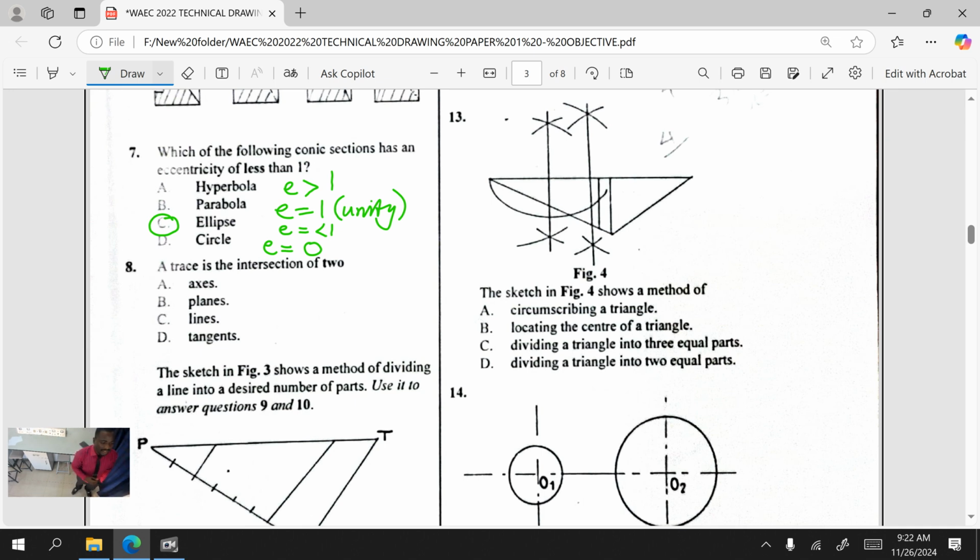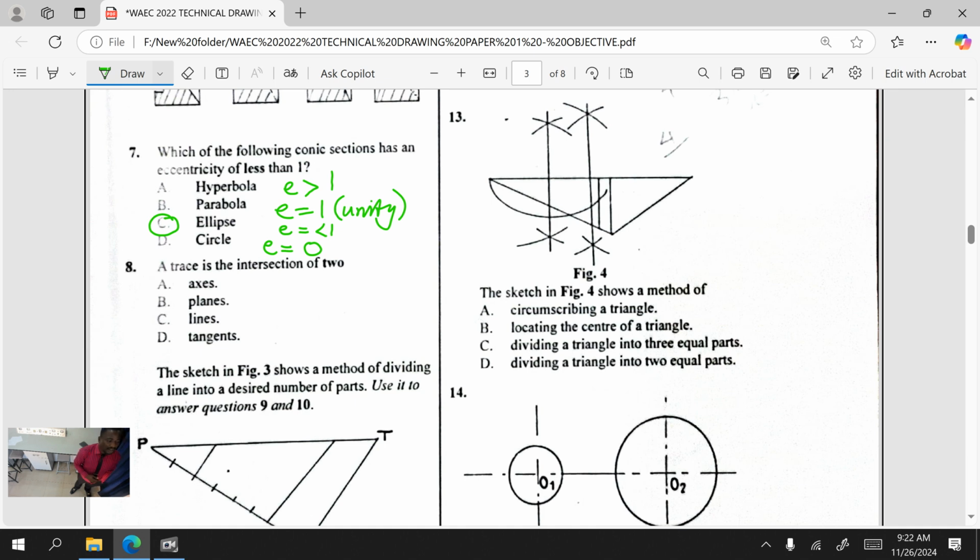Question 8. A trace is the intersection of two dash. When we have a line from a plane, maybe the two principal planes, vertical and horizontal, and the line is being projected into another plane, it is intersecting another plane. When a line is intersecting a plane, a trace is formed.